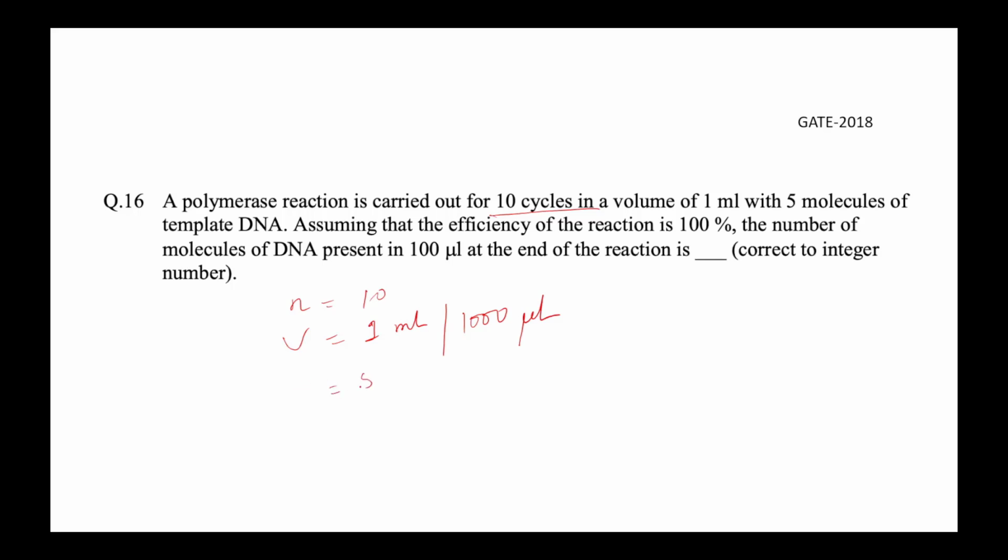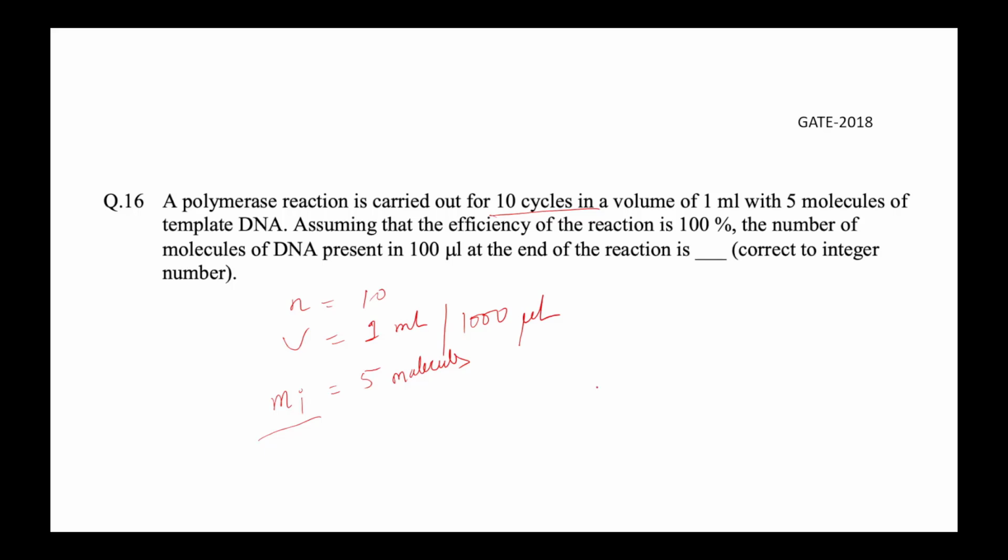Okay, so this is our initial number of molecules. Assuming that the efficiency of the reaction is 100%, find the number of molecules of DNA present in 100 microliter at the end of the reaction.